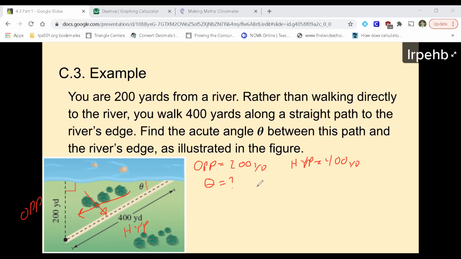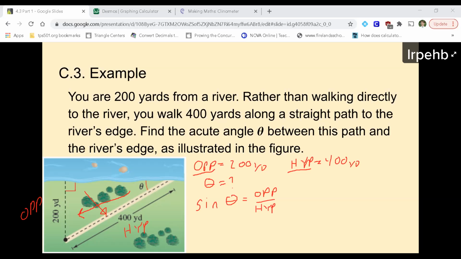So what trig function relates opposite and hypotenuse? Sine. That's right, sine. You could have also used cosecant, but again, I wouldn't use those except in certain situations, which we'll show later.